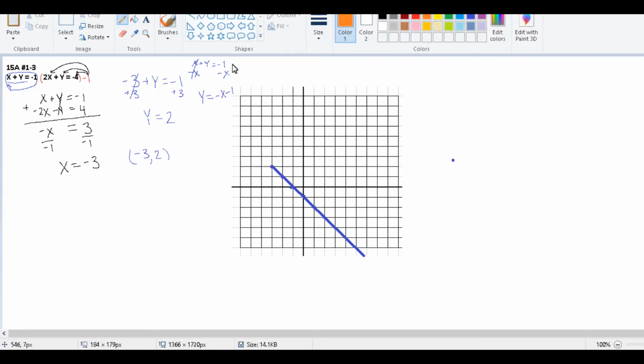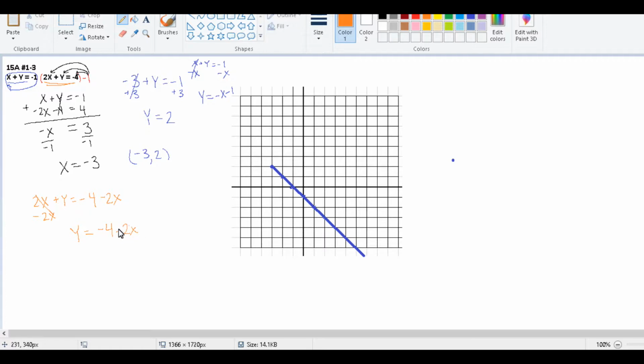And now I can graph this one. And when I do this one, I also want it in slope-intercept form. So right now it looks like this. I'm going to subtract the 2x. So now I have y is equal to, if I can leave it in this order, negative 4 minus 2x.